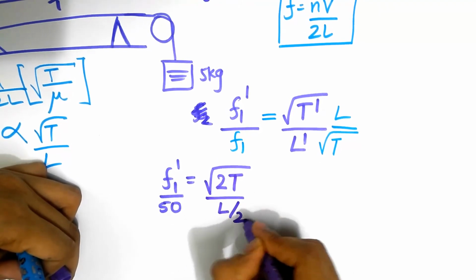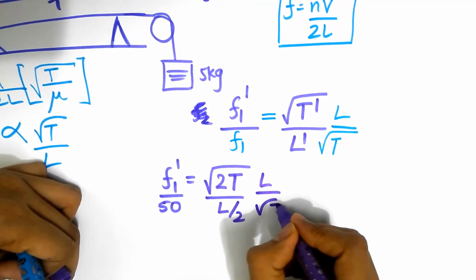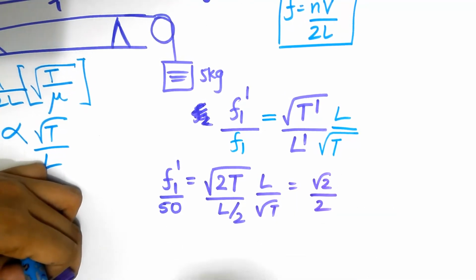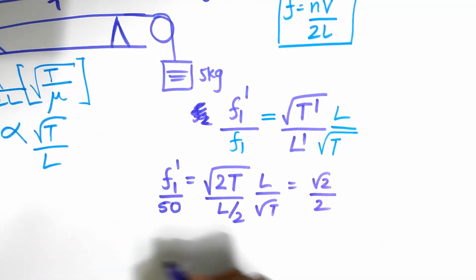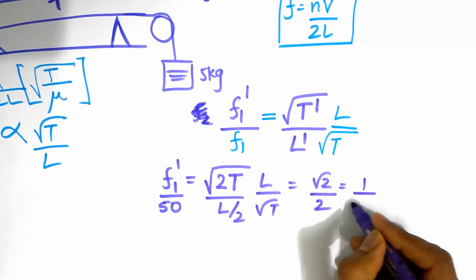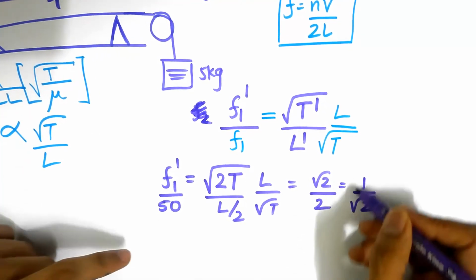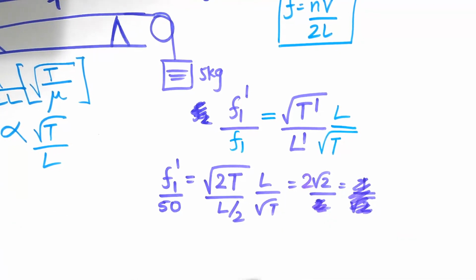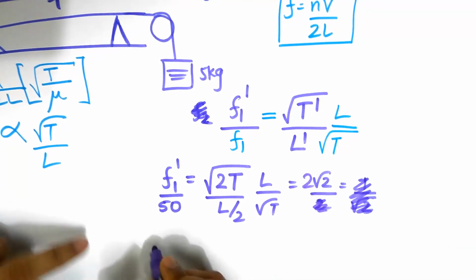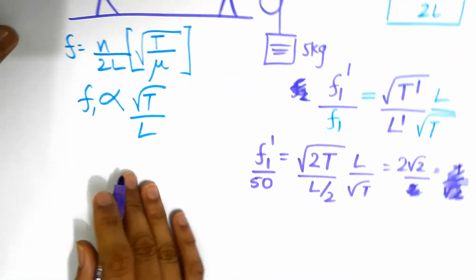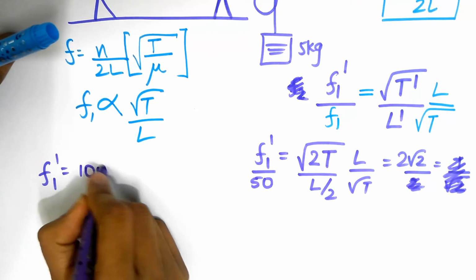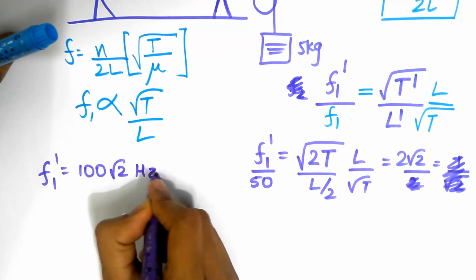So that's L divided by 2, times L by root T. I'll get root 2 divided by 2, and therefore that is 1 divided by root 2. Sorry, 2 goes on top. So you get 2 root 2. So the new fundamental frequency, F1 dash, is going to be 100 root 2 Hertz.